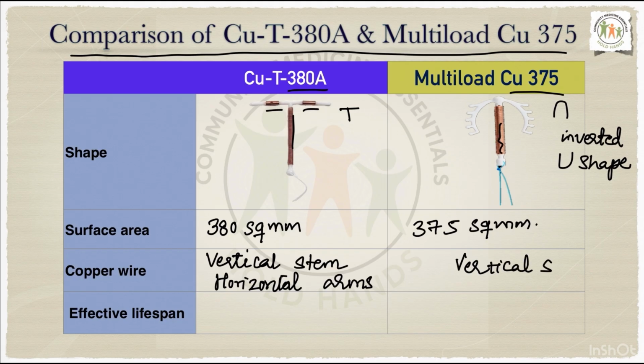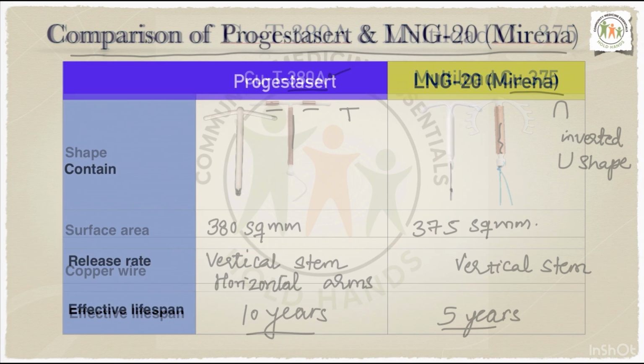Because copper T380A has copper on both vertical stem and horizontal arms, it has greater copper surface area. Now, effective lifespan. Copper T380A provides protection for 10 years, and multi-load copper 375 is effective for 5 years only.